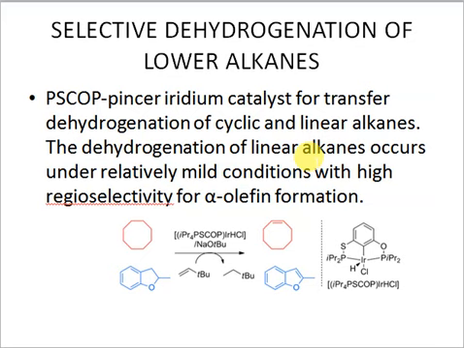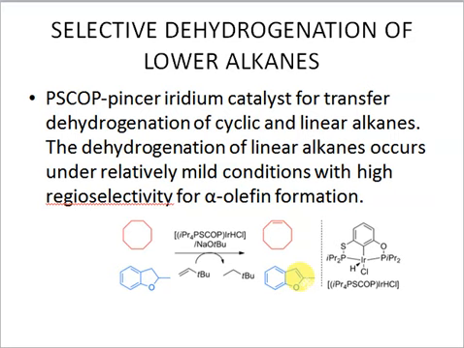You can also use it for creating a carbon-carbon double bond in a heterocyclic system. If you have a carbon-carbon single bond here and you use this pincer iridium catalyst, you can bring a double bond here between the carbons, right?